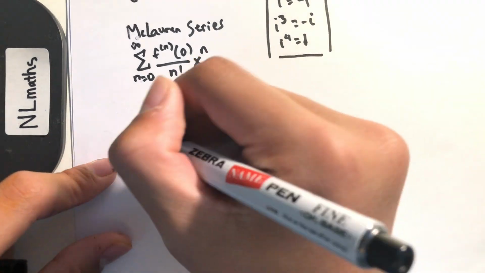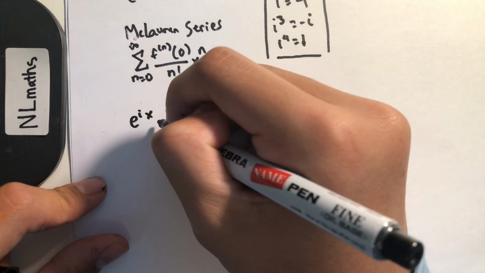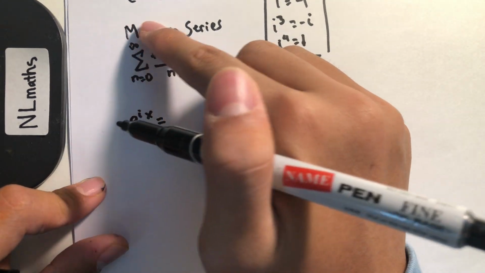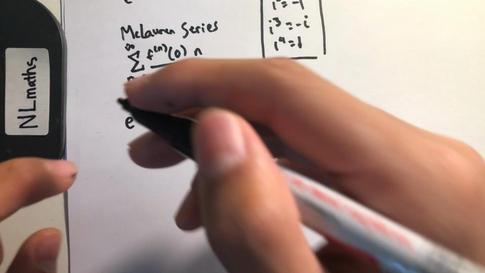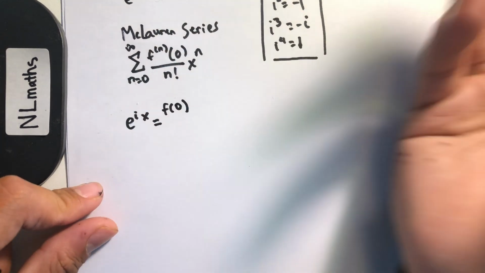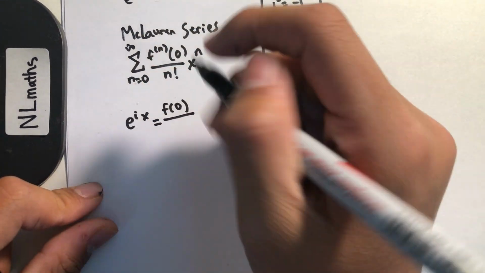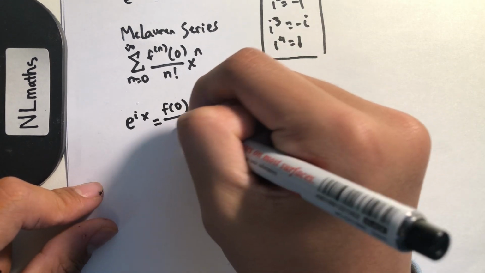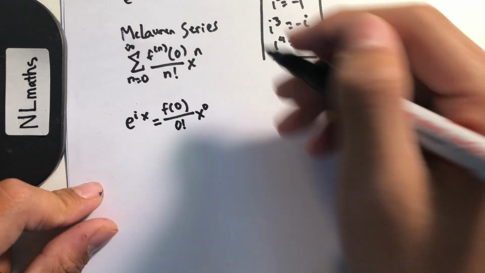So for e to the ix, this is going to be equal to, and actually I'm going to write it from step 1, f of 0, because we don't have the derivative, over, and this is the 0th term, so 0 factorial, which is 1, but we'll write that later, and x to the 0, which is also 1.